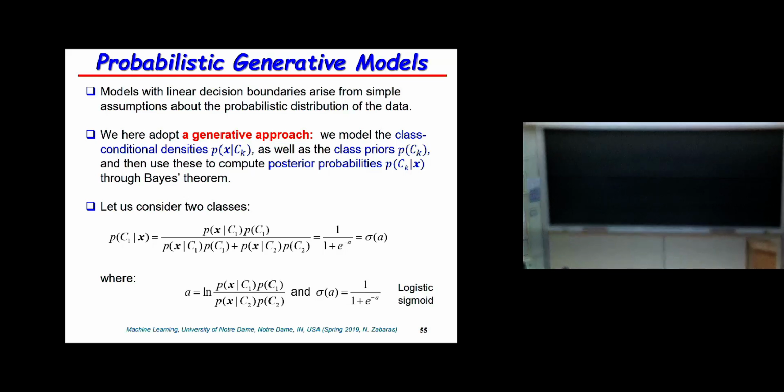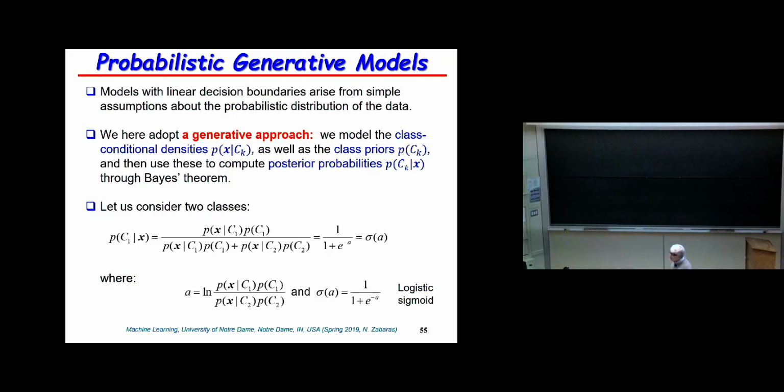So suppose we already have come up with these classes. I will discuss how to compute those later on, using maximum likelihood at least. So let's say we have those, and so here's Bayes' rule. What I'm going to do is rewrite this equation by introducing this definition of alpha, that effectively is the log of the joint distribution of x and C1 divided by that of x and C2.